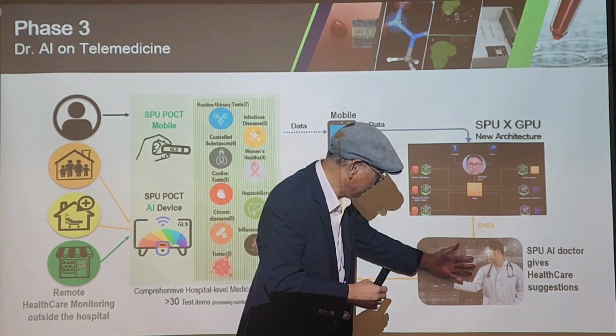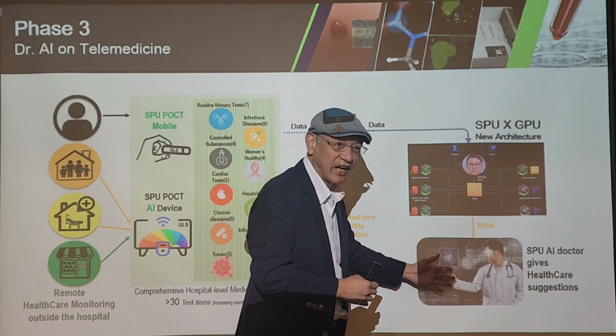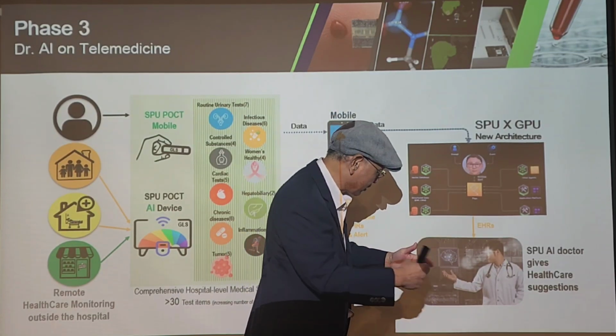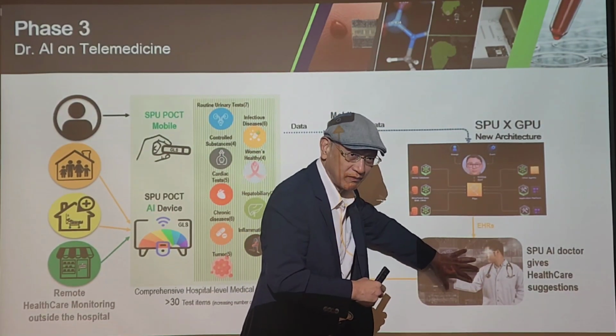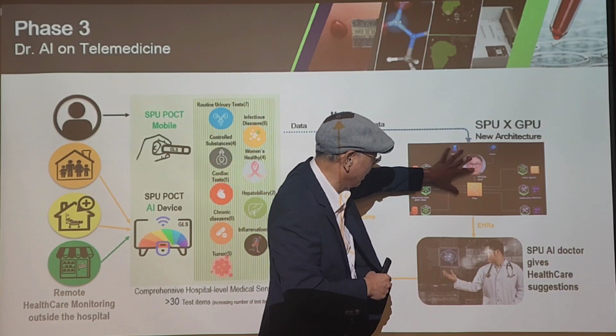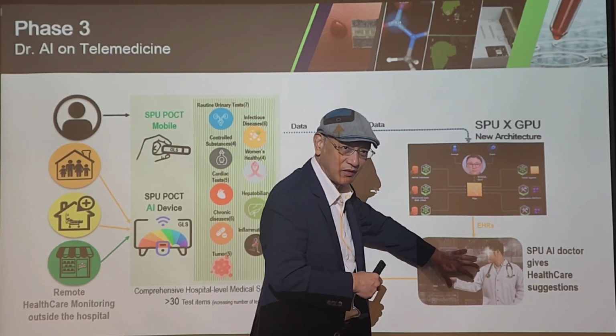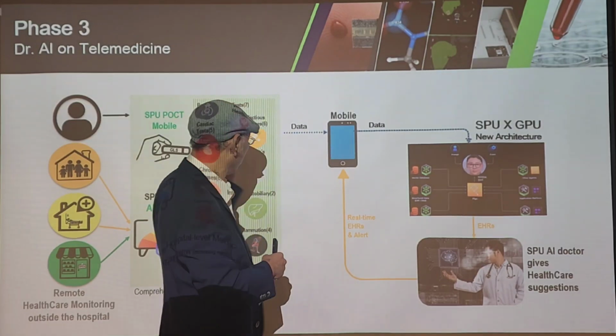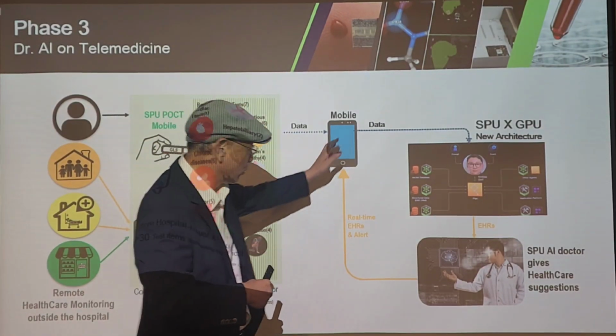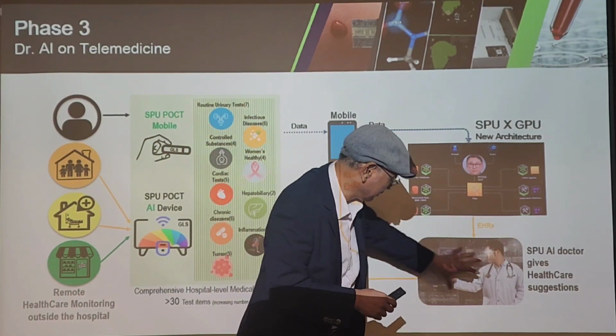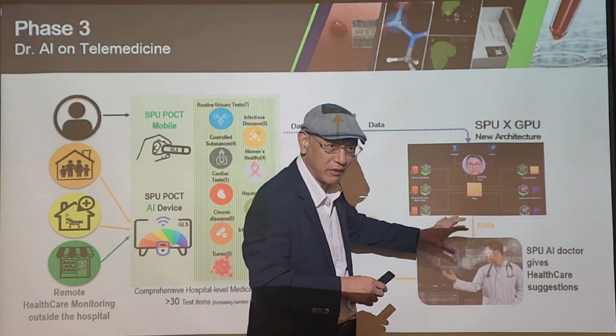And then we can construct an AI doctor. The previous slide was a real human doctor, but right now with NVIDIA's AI system, we can construct an AI doctor which can interact with the person. So this one will be replaced by the AI system.